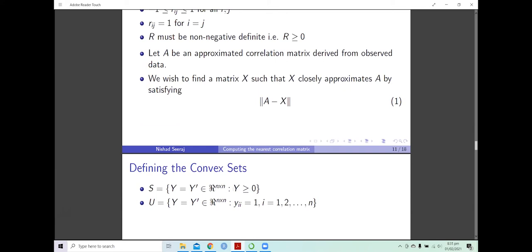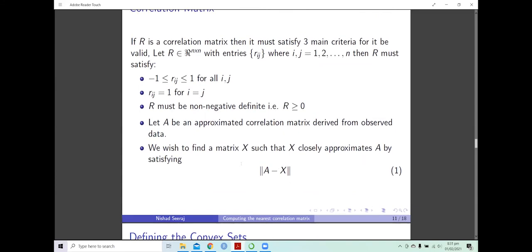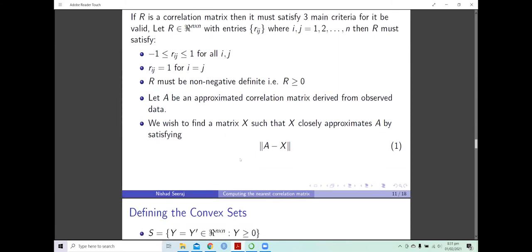This implies non-negative definite matrices. And then you have the set U with all M by M matrices with diagonal entries of 1. Okay, so it's the hope that when you find a matrix in the intersection of these two, you get a matrix X which satisfies all of these criteria here, such that X closely approximates A. A is the observed matrix, remember that.